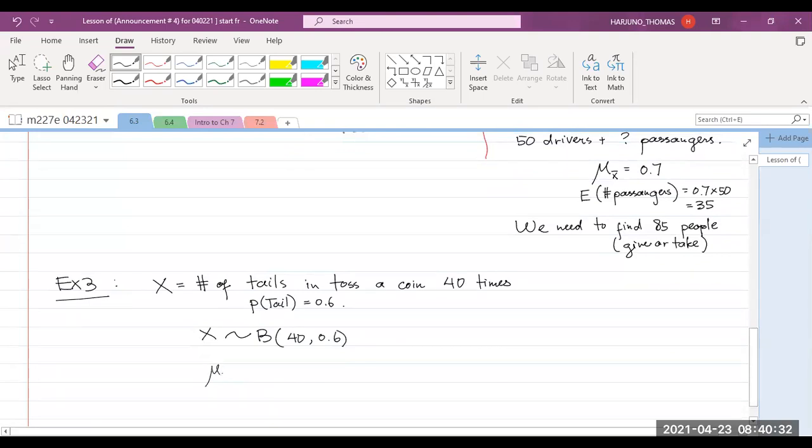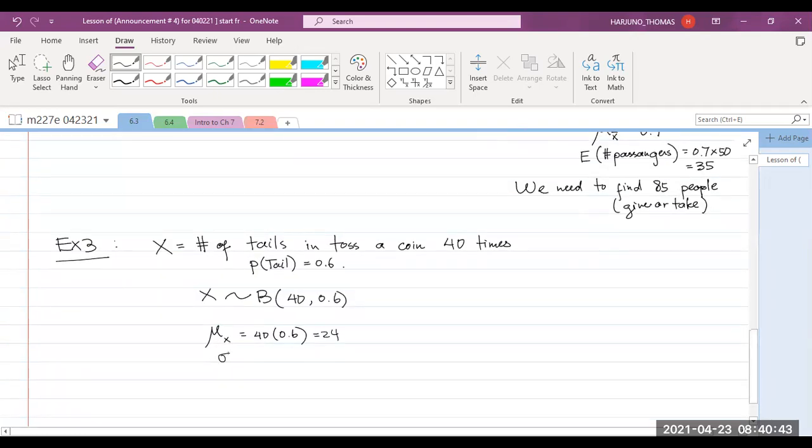So from there we see that the mean is n times p, that's 24, and the variance is n times p times q, that's 9.6. So that's the distribution of the number of tails when you toss the coin 40 times.